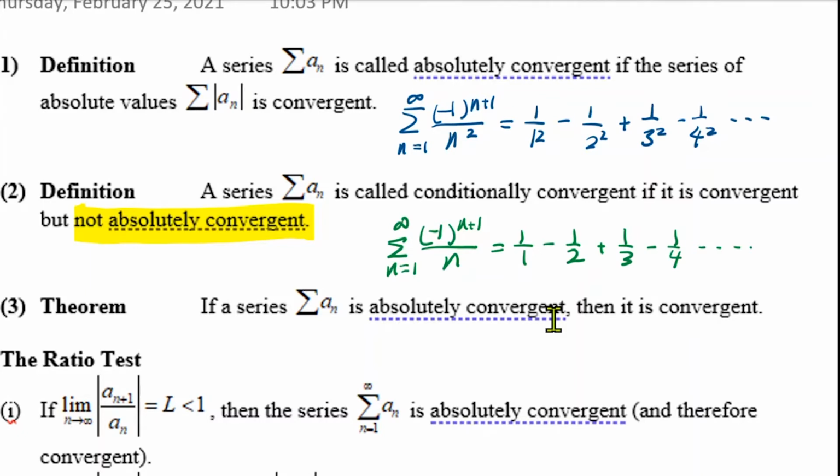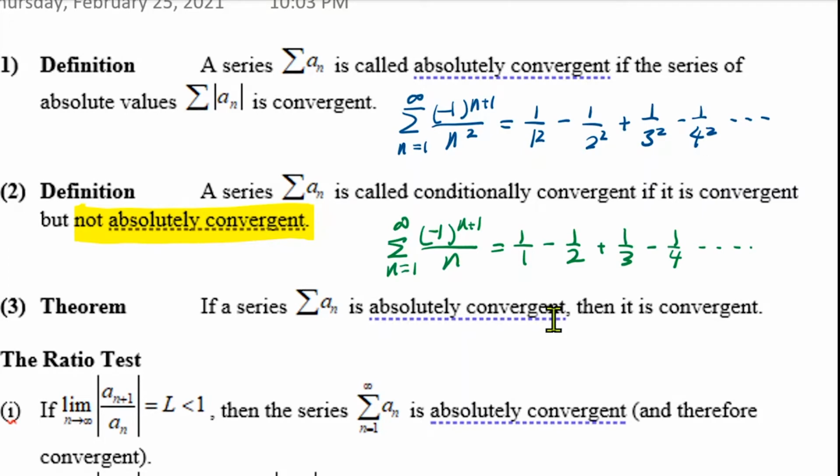Okay, here's a question for you. Typically, this type of question shows up a lot. Determine if the given series is one, absolutely convergent, two, conditionally convergent, or three, divergent.